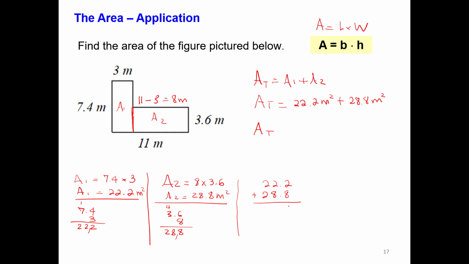Then 2 plus 8 is 10. Bring down the decimal point, carry the 1. 3 plus 8 is 11. Carry the 1. 3 plus 2 is 5. Then the total area is 51.0.